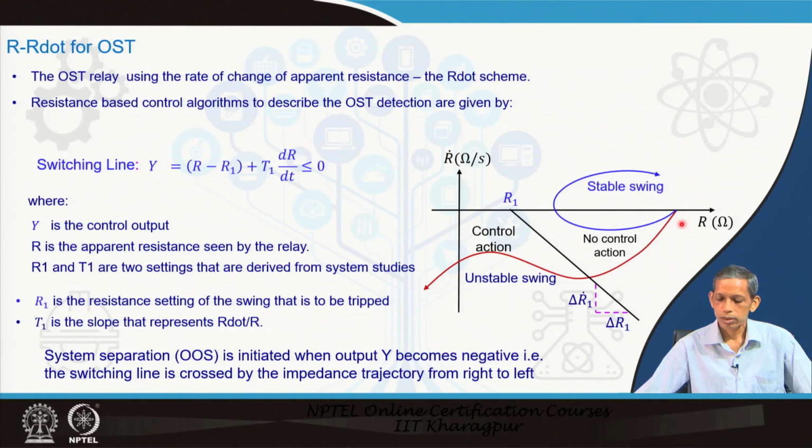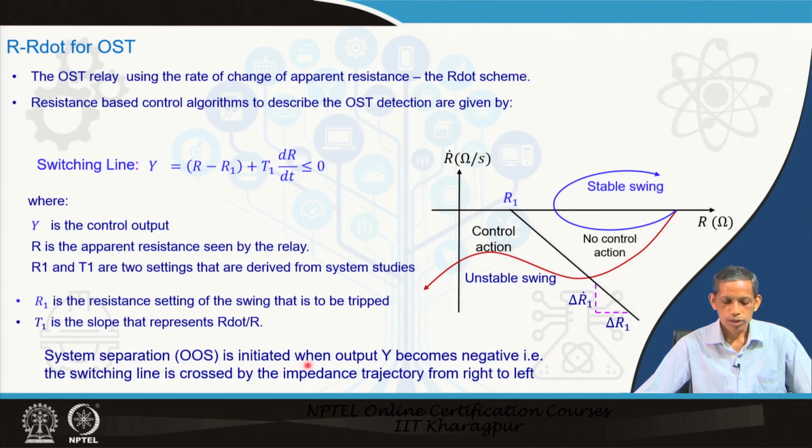A stable swing traverses a path in this region, and an unstable swing goes through this, so it will go negative. Thereby the relay can decide very quickly on an unstable swing, that is, from the out of step tripping perspective.